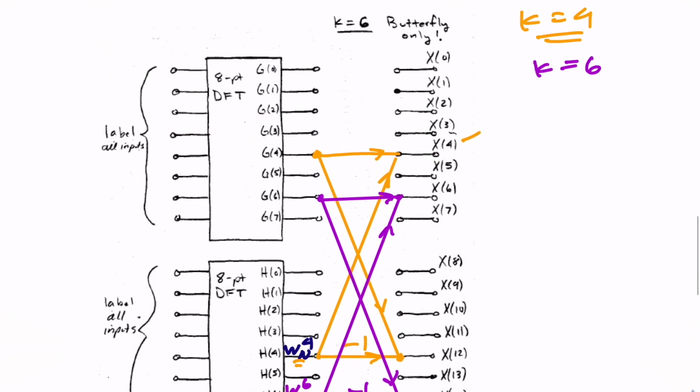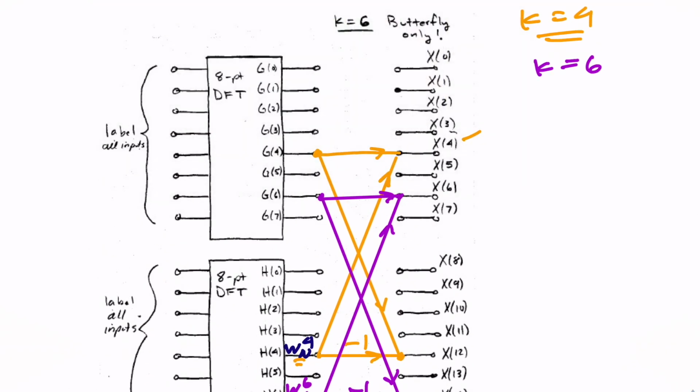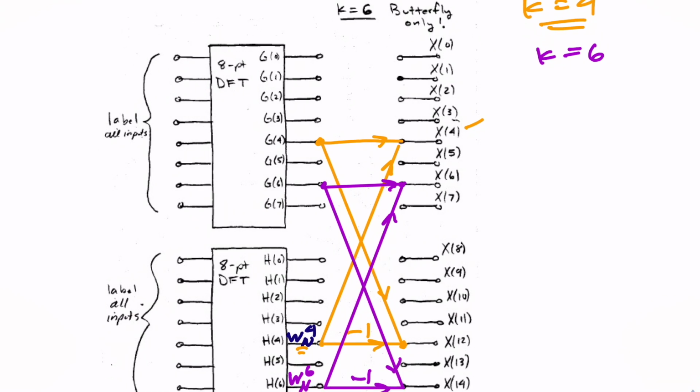Now the next question is that you need to label these inputs, and what we know is that when we merge two 8s into a 16, we start out by taking the even values, so this would be x of 0, x of 2, x of 4, 6, and so forth.